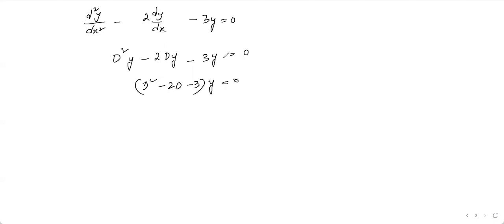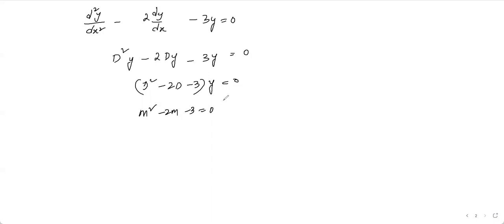This is a second order differential equation, and we will be having two solutions for this, the complementary function.